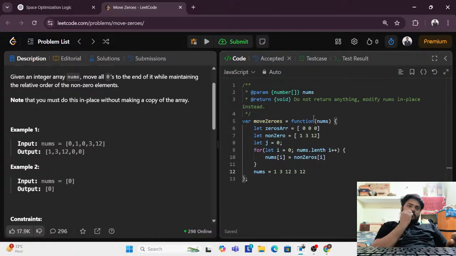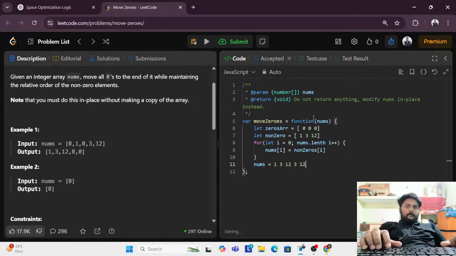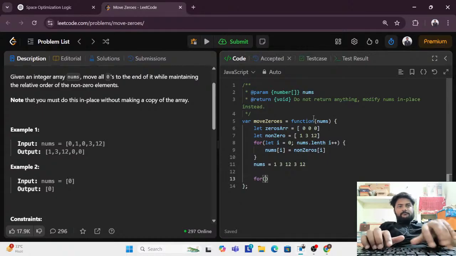Now what I had to do is iterate again from 0.